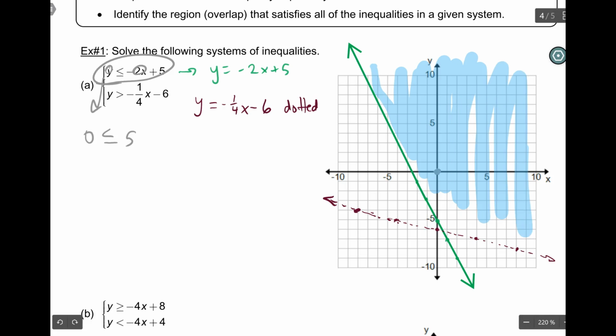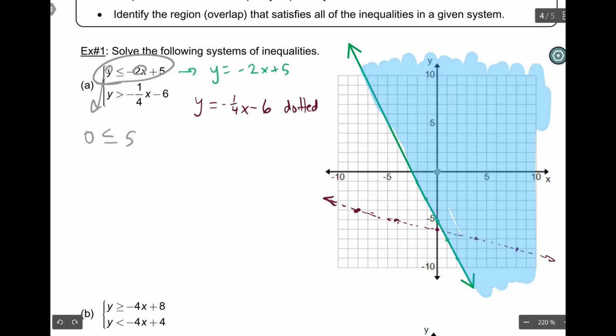Here is the solution for the green line. Cool, because 0 is less than 5. True. Now let's go to our other one.